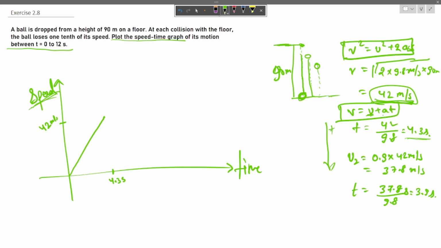So 3.9 seconds plus 4.3 would give us 8.2 seconds. Now this velocity will decrease from 37.8 and it will go down to 0 again at 8.2 seconds.